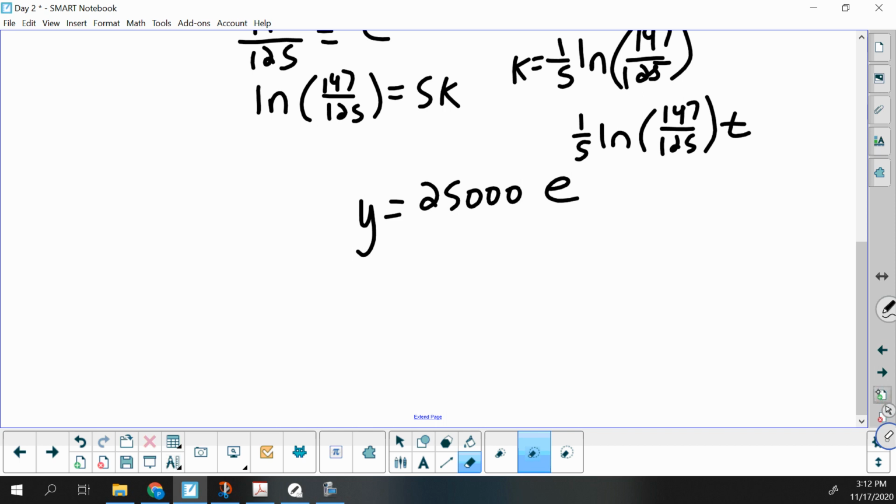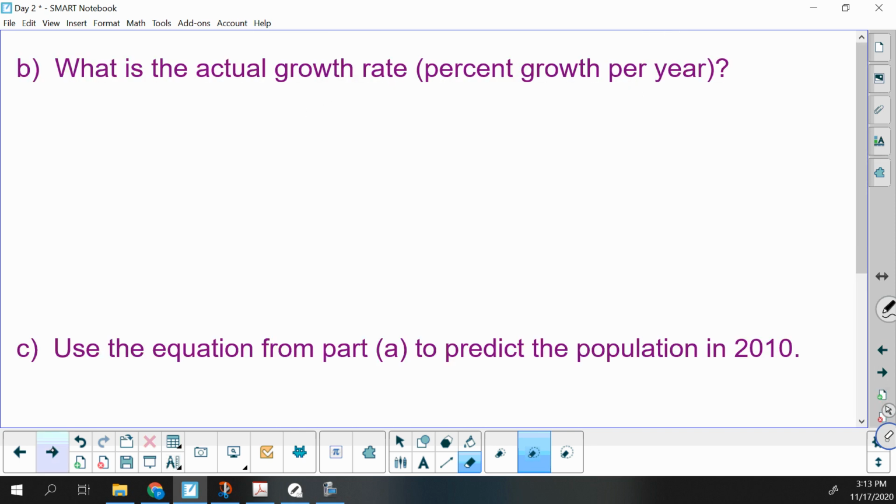Those are all good. And it was just constant times y in the differential equation. All right, so I'm going to copy that equation over just so we have it, because we will need to know it in this problem.